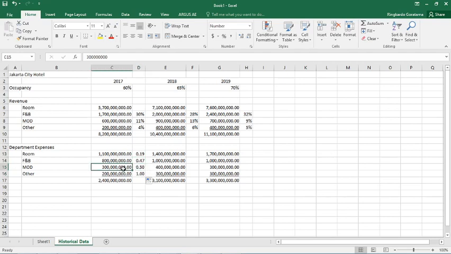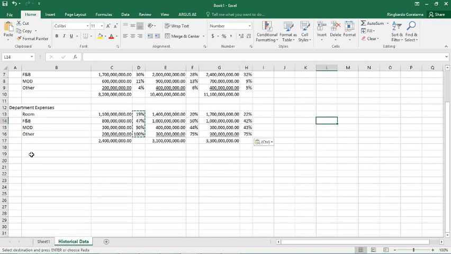So the MOD expense will be divided by the MOD revenue. So we have the percentages in here, and I can just copy it to year 2018 and year 2019.